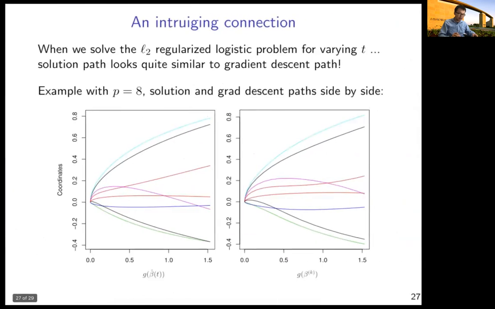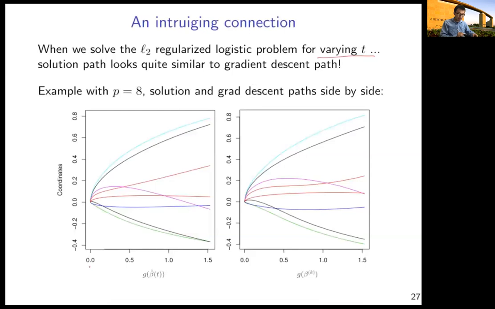Let's compare the sequences of solutions from stochastic gradient descent and the corresponding version where we solve this optimization problem exactly with t chosen to be some specific value. What you are seeing on these two figures are what we call the regularization paths. This corresponds to increasing t from 0 to something larger.